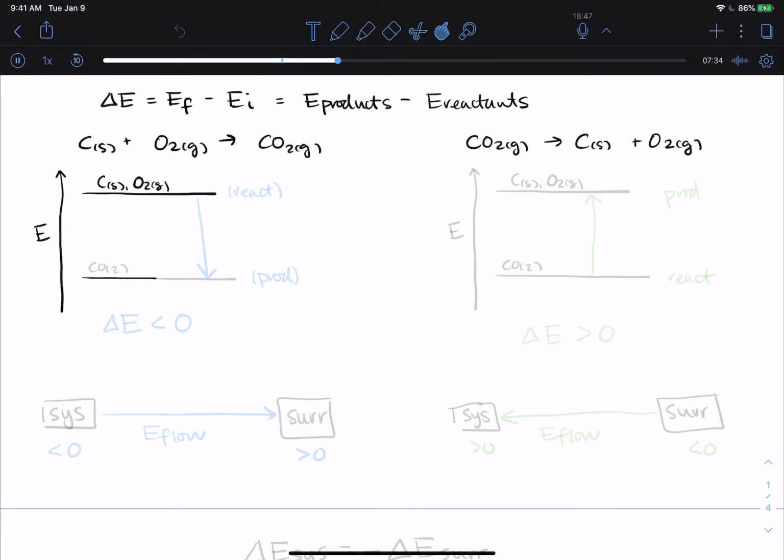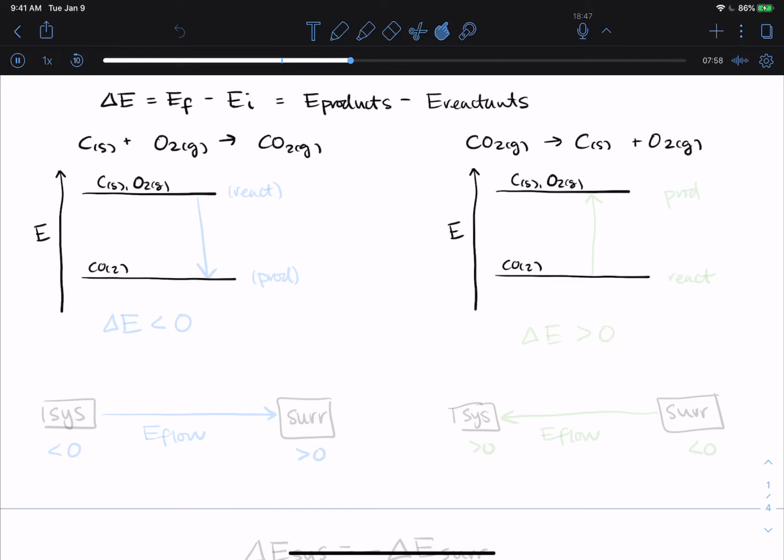And then the energy of the CO2 is here. And the identities of these components don't change from reaction to reaction, so their energies are going to stay the same.